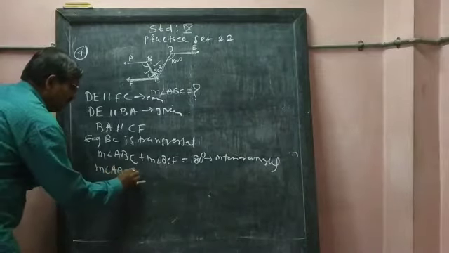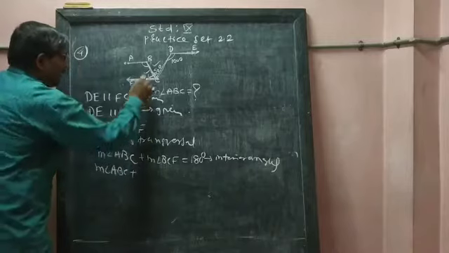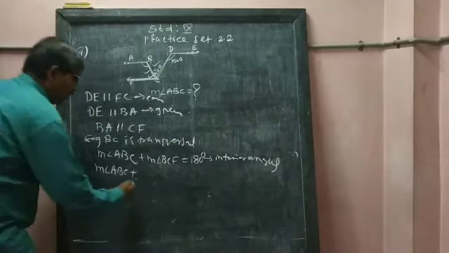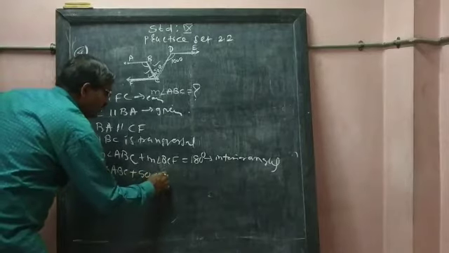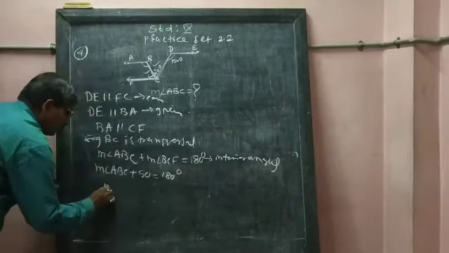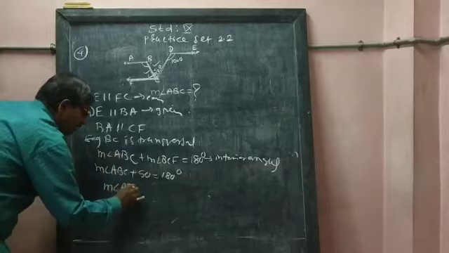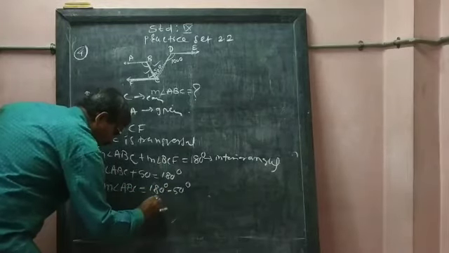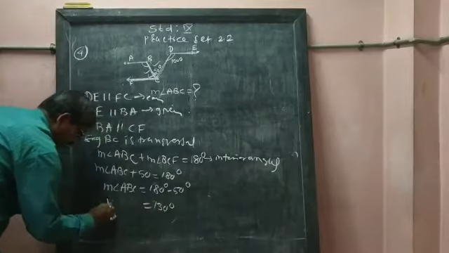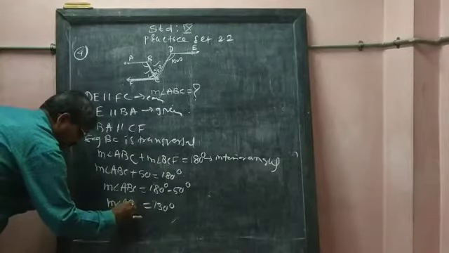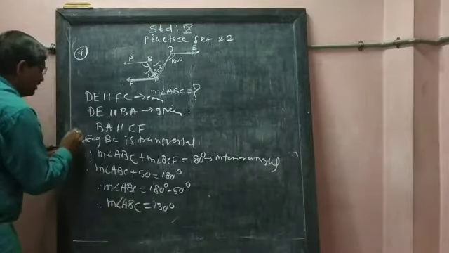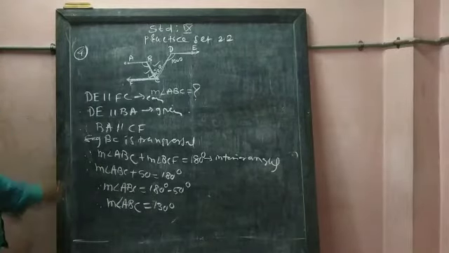Therefore, measure of angle ABC plus BCF, which is 50 degrees, is equal to 180 degrees. Therefore, measure of angle ABC is equal to 180 minus 50. Therefore, you will get measure of angle ABC is equal to 130 degrees. This is the required answer.